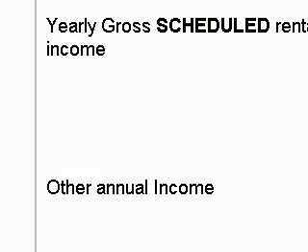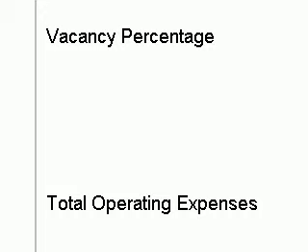Our next question is vacancy. So basically, what vacancy is a historical figure on how rental properties near your property have done. So for example, if rental properties stay rented and there's always people in them and you don't have to worry about them very much, your vacancy percentage is going to be low.